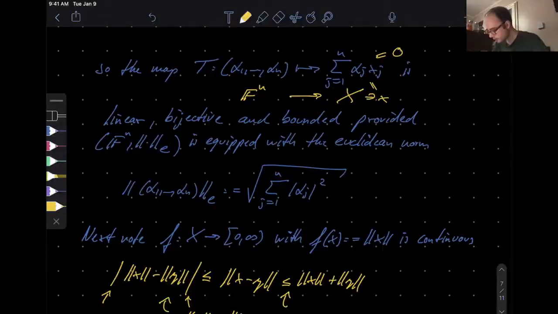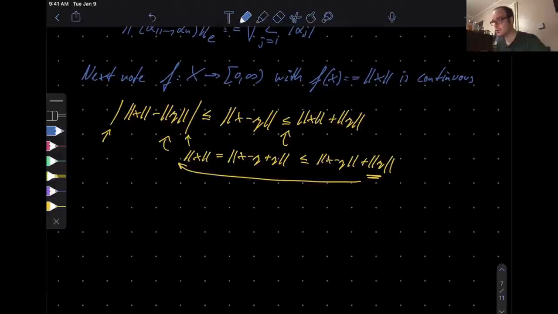Okay, so why do I need this? Well, because I already have a continuous linear transformation T. If I now compose it with another continuous function, that composition will be continuous. That's a property in metric space theory: composition of continuous maps are continuous. Okay, next note is continuous.